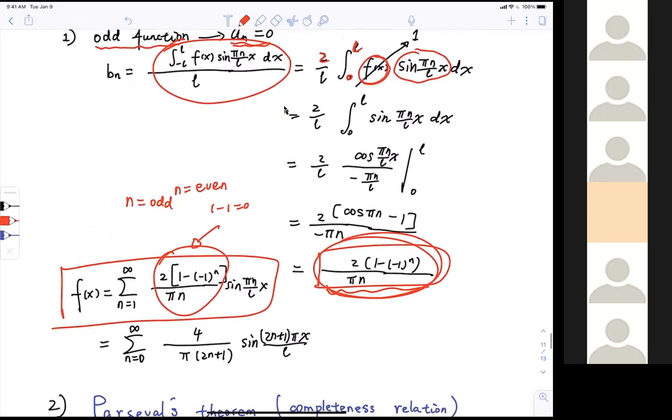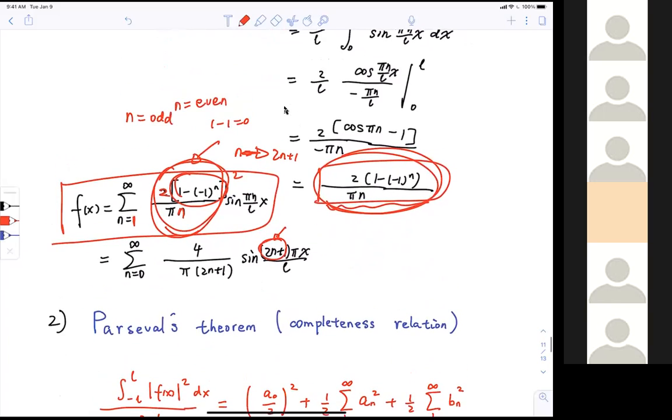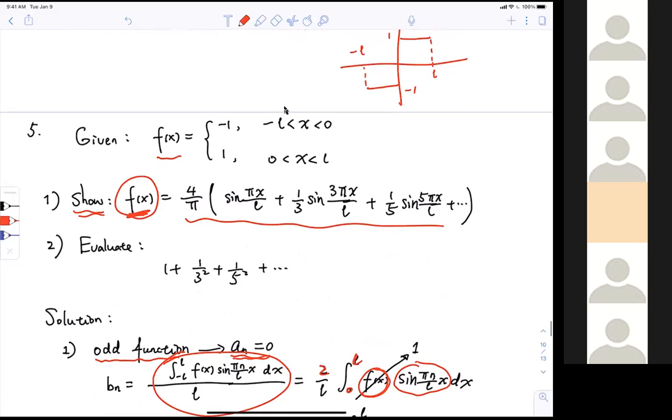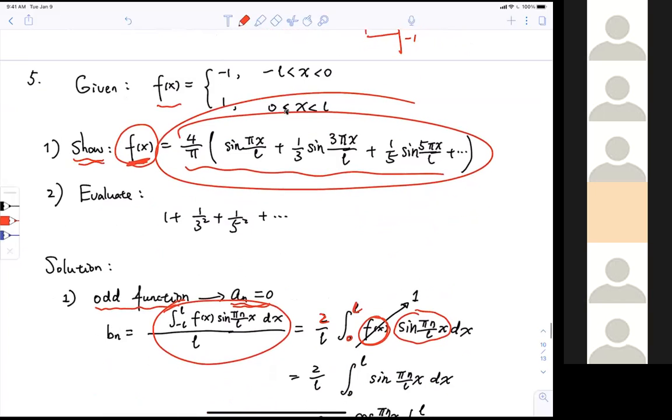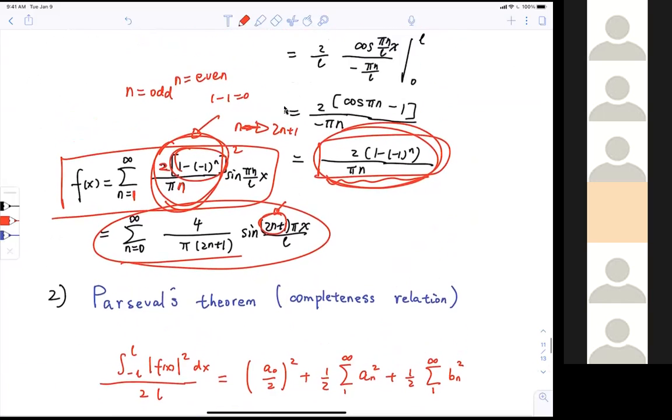So I can rewrite the coefficients by replacing n with 2n plus 1, and the sum, originally from 1 to infinity, becomes 0 to infinity. This 2 times this factor is 2, and 2 times 2 is 4, and n is replaced with 2n plus 1. Some tricks. Yeah, this is nothing but what we needed to prove. Any question about this part?